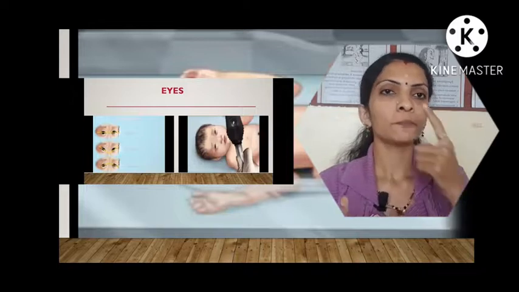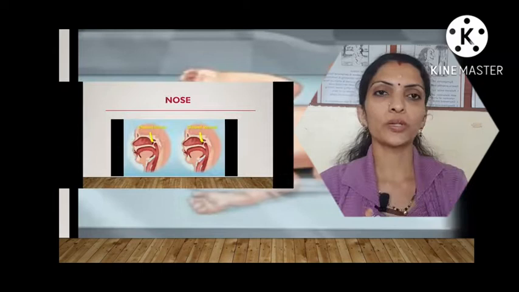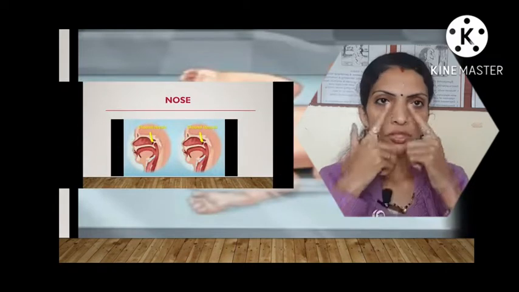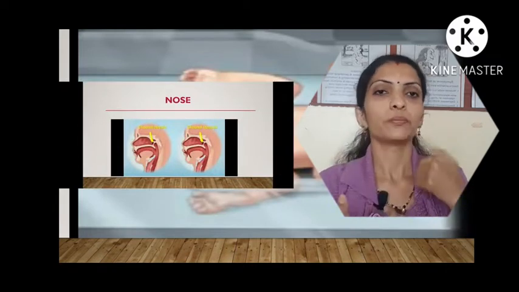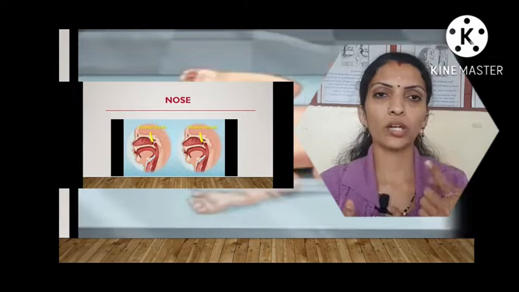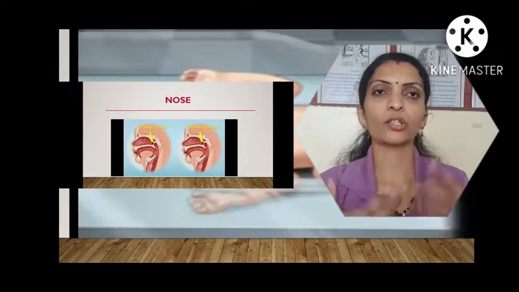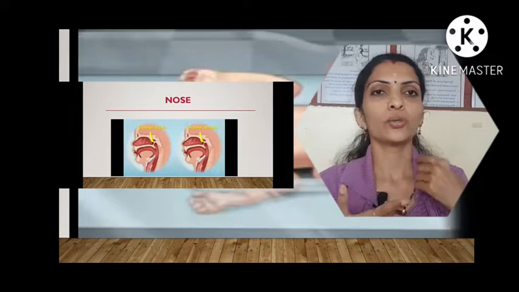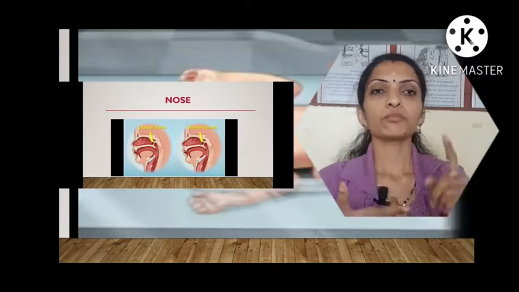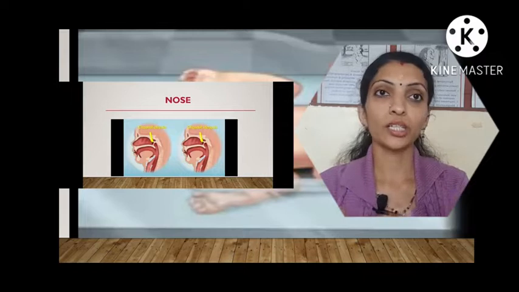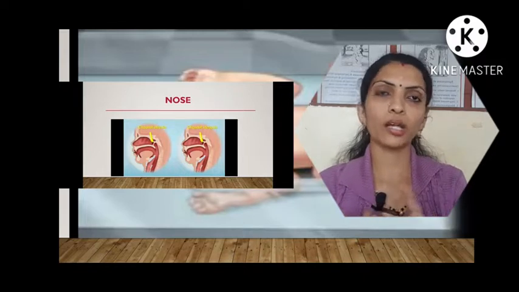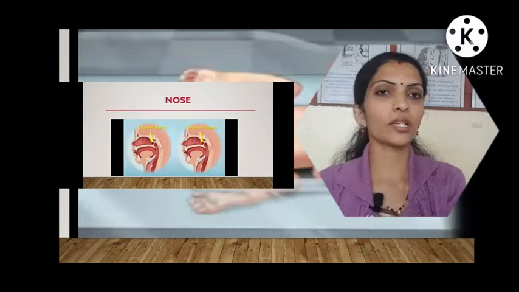Next, coming to the nose, what all examinations will you do? First of all, the shape of the nose and the breathing pattern, because if there is any blockage, you can have irregular breathing or paused breathing. You can see the breathing pattern. Especially this paused or irregular breathing is known as periodic breathing.